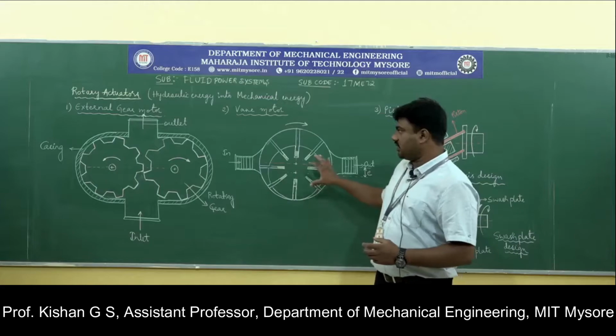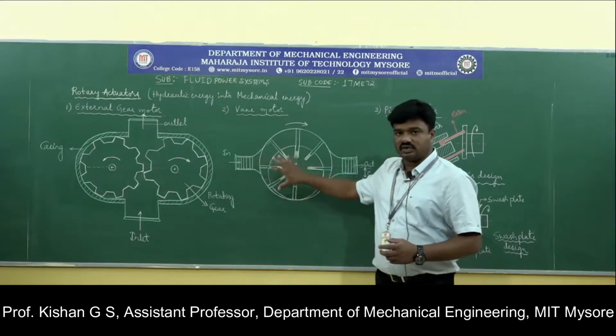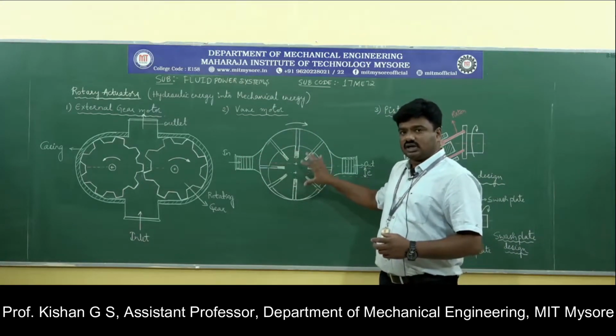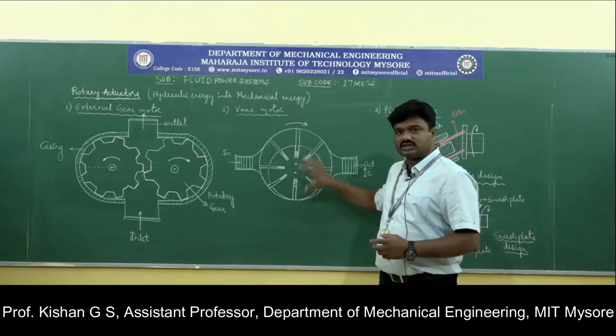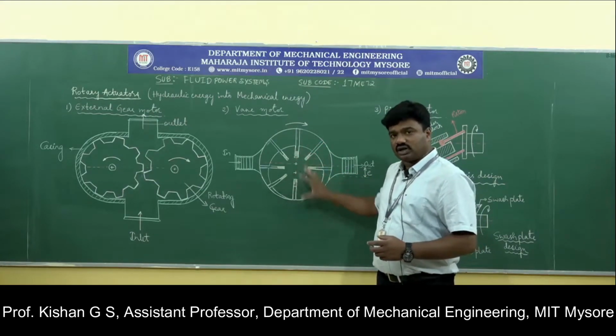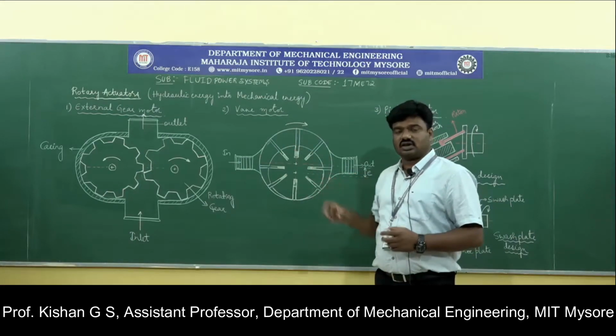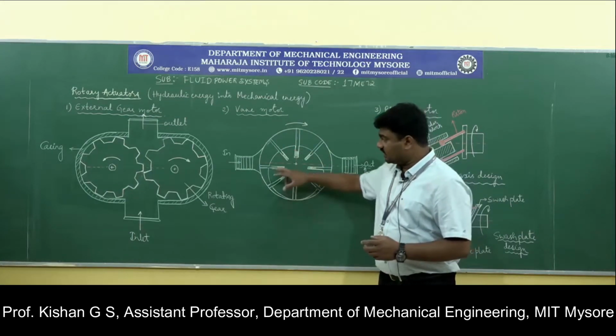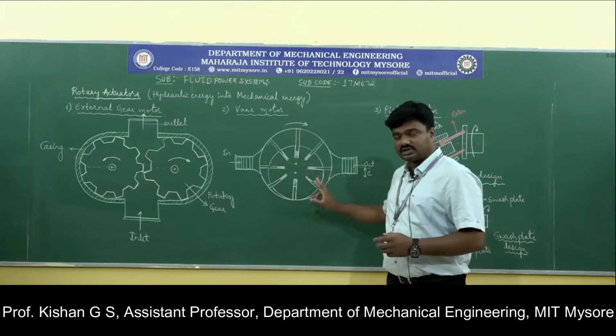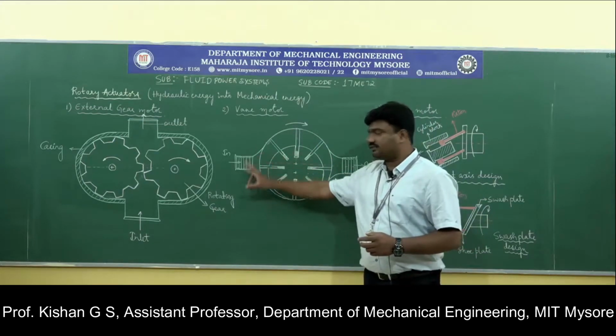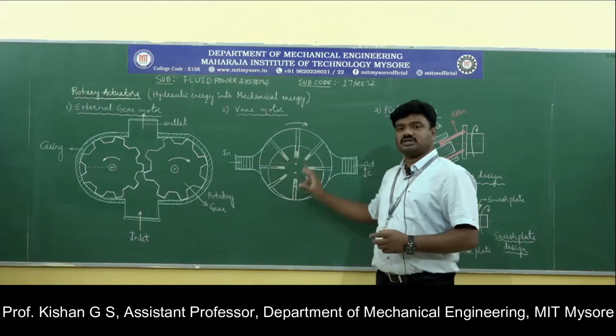Ultimately, the hydraulic energy is converted into mechanical energy. The rotation of the rotor is the output, and it is due to the movement of the vanes, which are radial slots in the rotor that move clockwise due to the pressurized fluid entering the system.